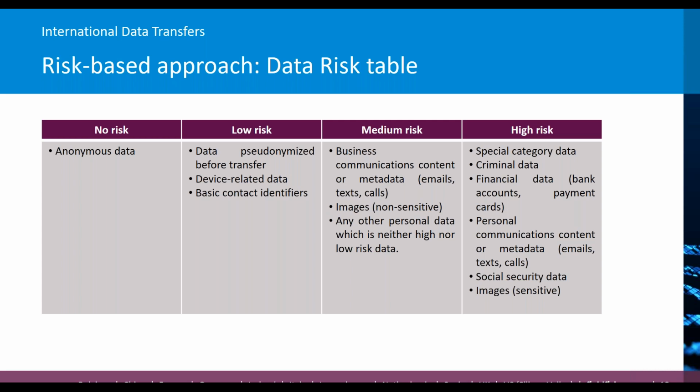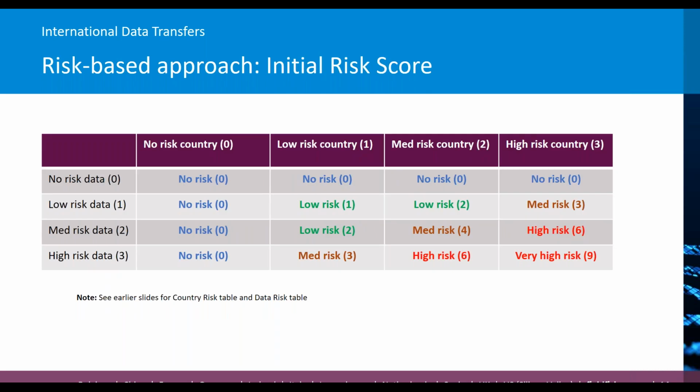So you've got risk for country, you've got risk for data, and you have a matrix to be calibrated to the organization's taste for risk, and you multiply and you find out, and hopefully you get an answer which allows you to put in place achievable supplementary measures at the worst case scenario, rather than, if you end up in the bottom right hand corner there, you will not be able to transfer data.